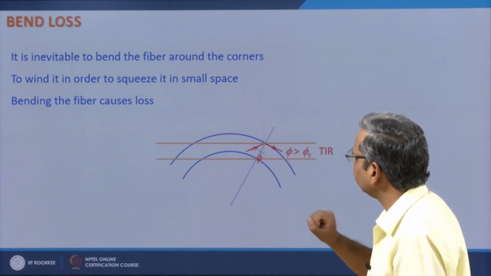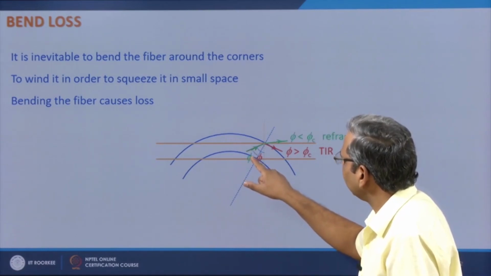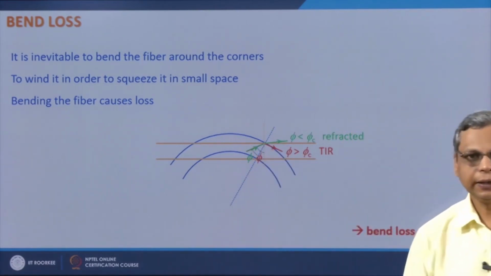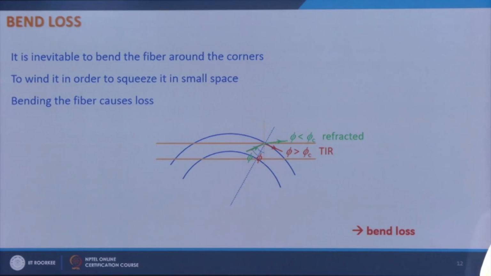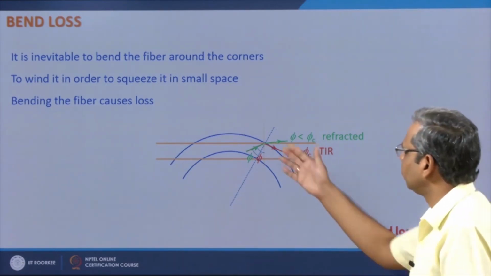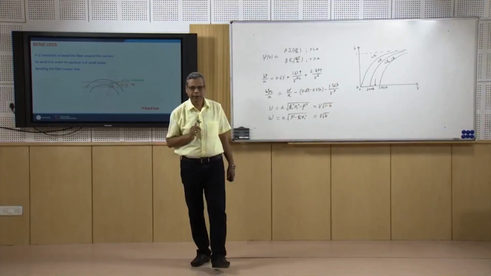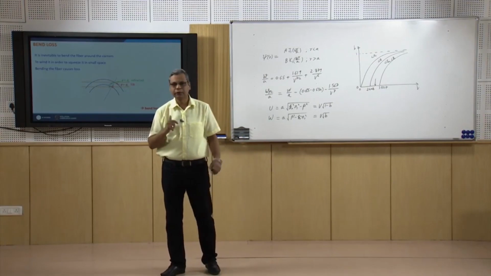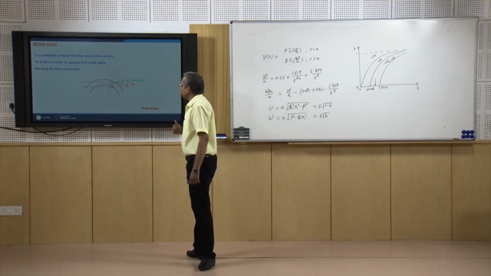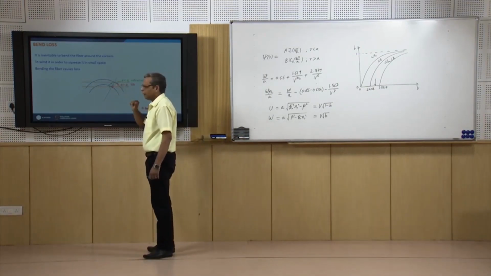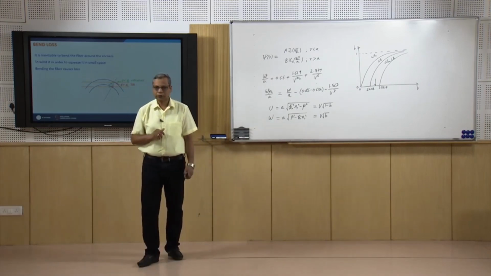So, I find that this phi is now smaller than the critical angle phi c. If phi is smaller than the critical angle, then this wave would be refracted into the cladding and there is no total internal reflection. So, the power would be lost. So, when you bend the fiber, it causes loss in the fiber.